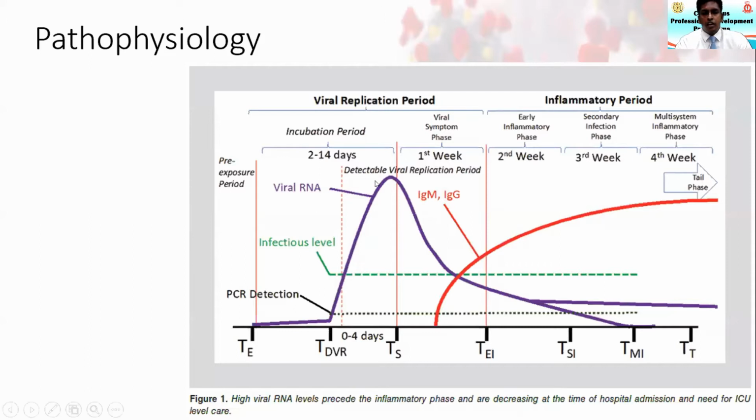That means viremia, viral replication, is highest in the first week, and in the second week it rapidly declines, and by the third week it is almost zero. From the onset of the second week, the antibodies start to rise, initially IgM, then IgG, which will be detected at the onset of the third week.